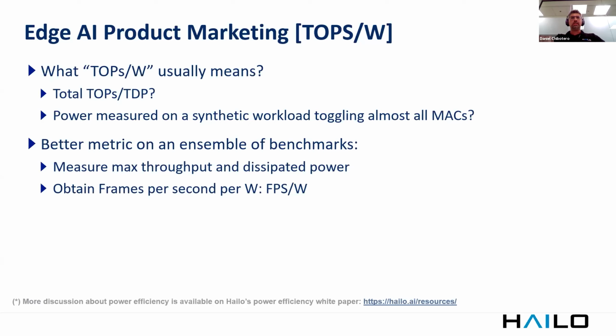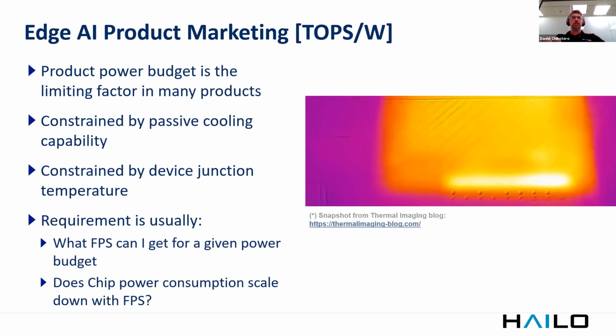A better metric may be measuring max throughput and dissipated power on an ensemble of benchmarks, and obtaining the frames per second per watt for this ensemble, and then different solutions can be easily compared.